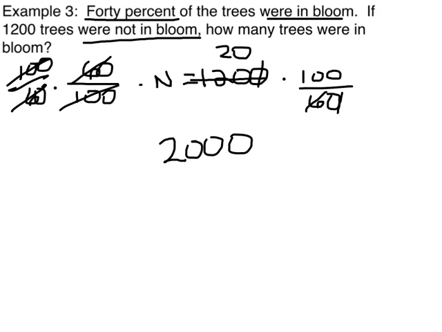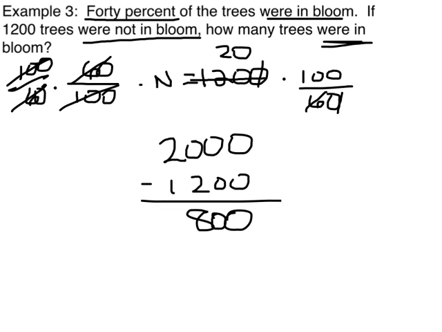Now, like in example 1, this is not my final answer. This is the total number of trees. Now, we know that 1,200 of those were not in bloom. We're trying to find out how many were in bloom. So we simply subtract and we find out that 800 trees were in bloom.